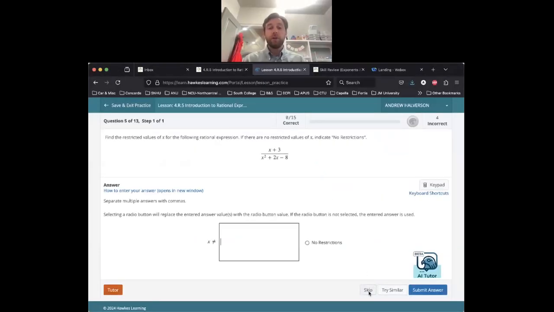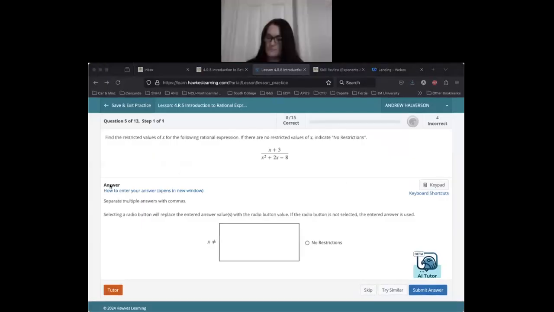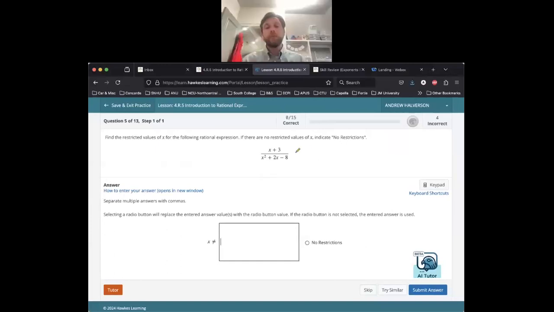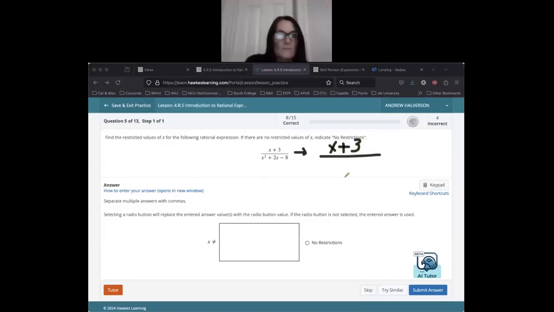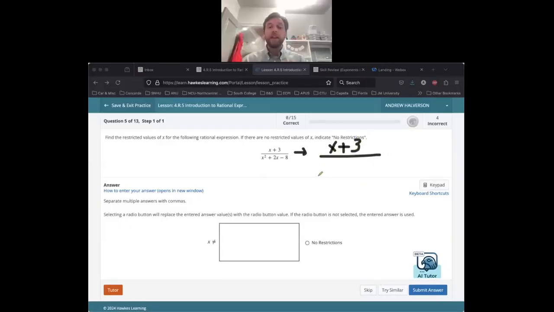Okay, so here's a perfect one as well. The top here can't factor. So we look at the bottom. Can the bottom factor? So this is factoring a trinomial with a leading coefficient of 1. Remember what the process is for that.